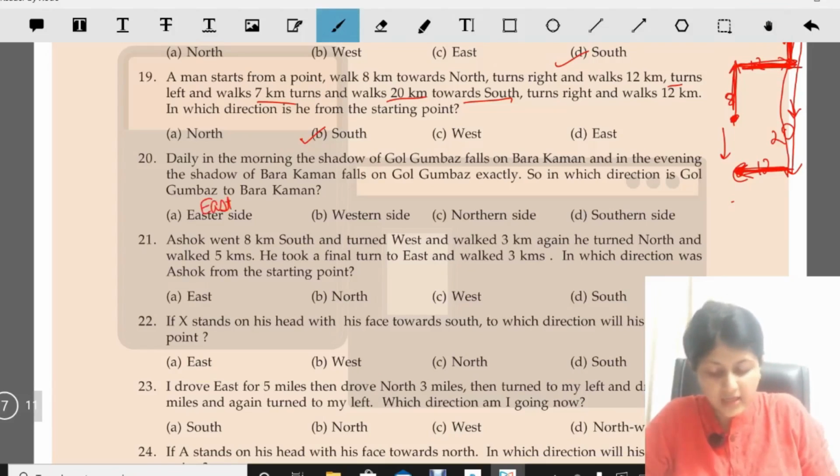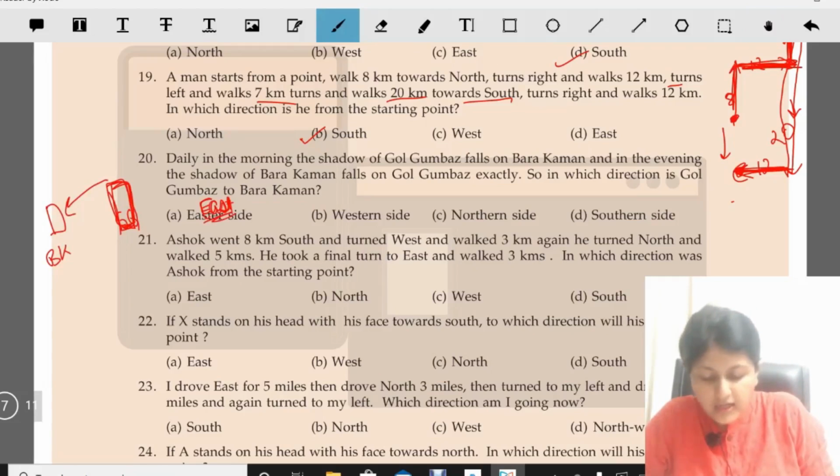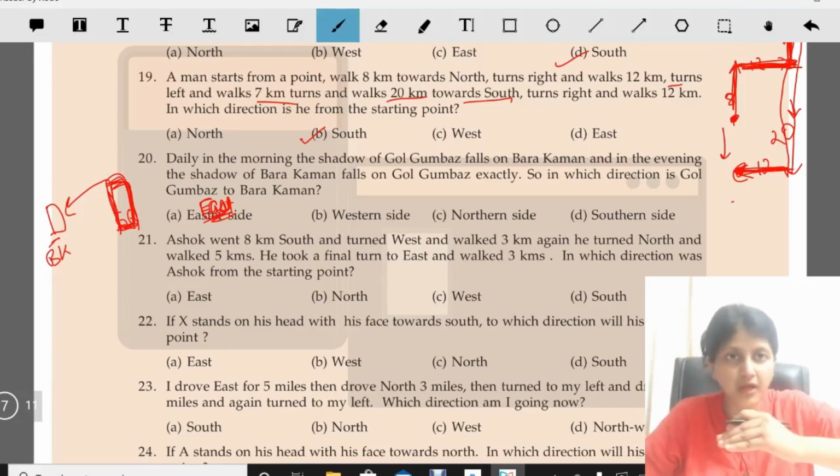Okay, and they are saying, shadow of Gol Gumbaz, this is Gol Gumbaz, falls on Barakaman. This is Barakaman. And the shadow of Gol Gumbaz will fall on Barakaman only when this is east. Only if Gol Gumbaz is between east and Barakaman, only then the shadow of Gol Gumbaz can fall on Barakaman.